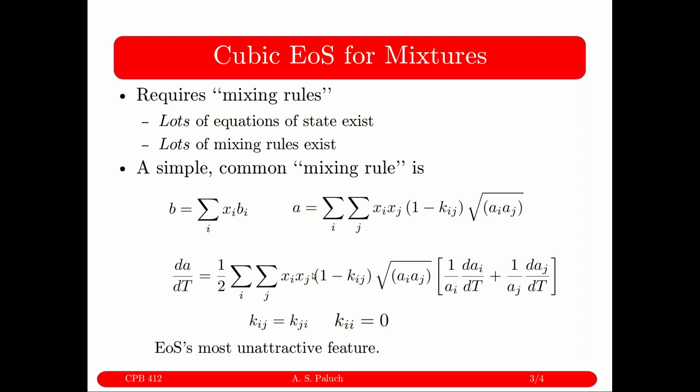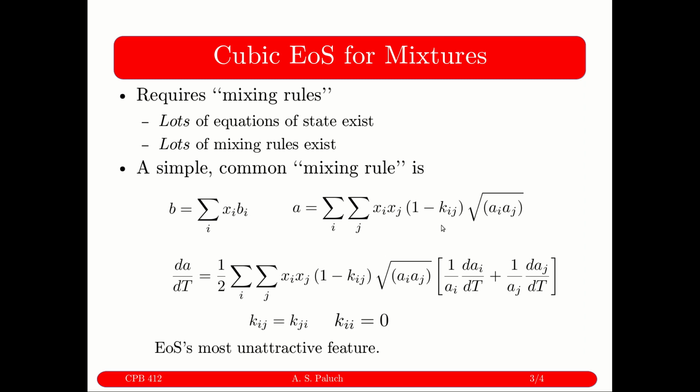Okay, and then in my expansion here for A, the idea is we're going to take our cross interaction, A for a 1-2 interaction, and we're going to take that as a geometric average, and then we're going to multiply it by this correction term, 1 minus Kij. So when Kij is 0, then my cross interaction is just the geometric average of the 1-1 and 2-2 interactions.